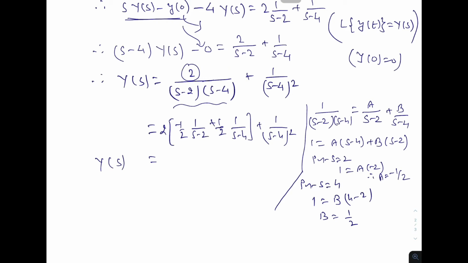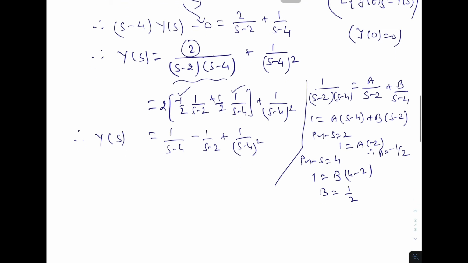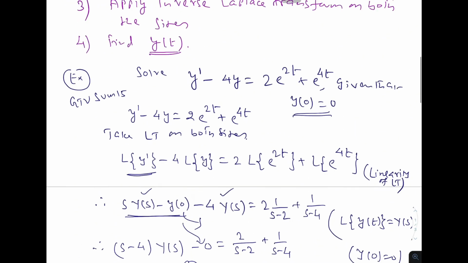Therefore Y(s) is equal to, now these two cancel. So I write this first, 1 over s minus 4, then minus 1 over s minus 2 plus 1 over s minus 4 square. So this is the third step, solve for Y(s).